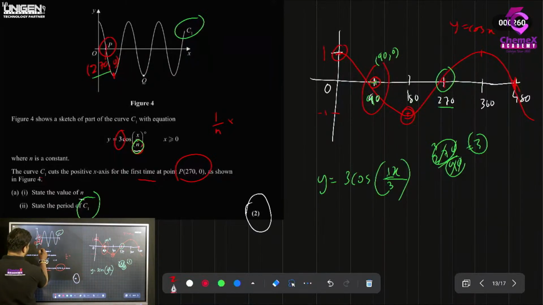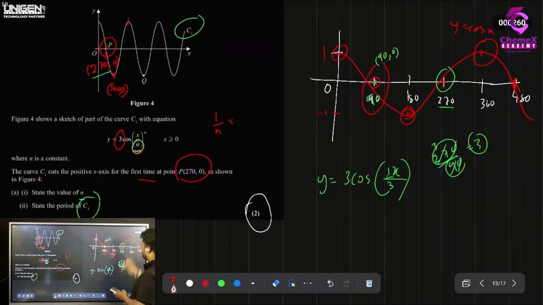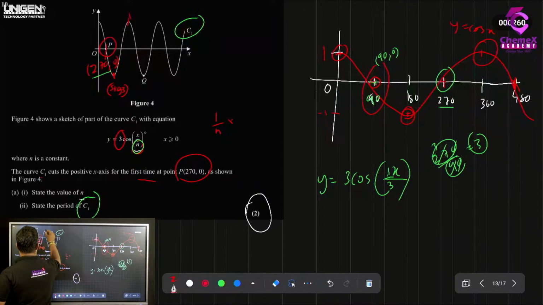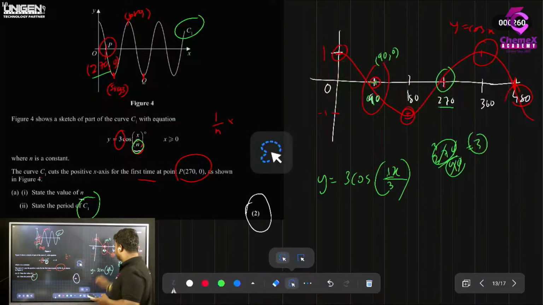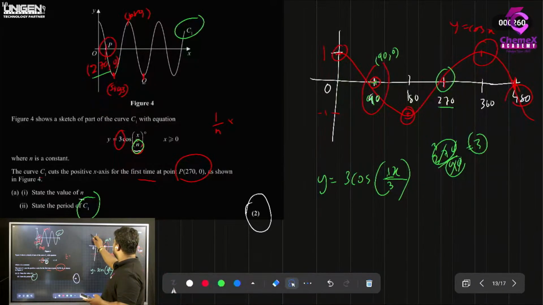So now this point is 540. Then 360 into 3 here is 1080, so this is 1080, 3. And 360 plus 90 is 450.